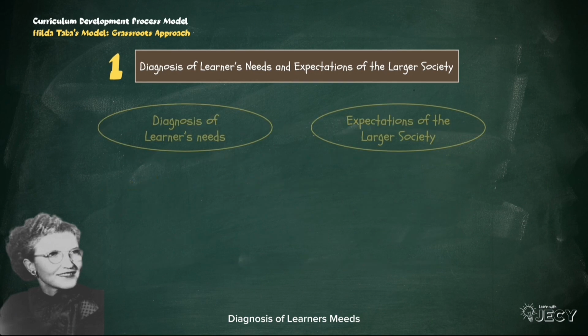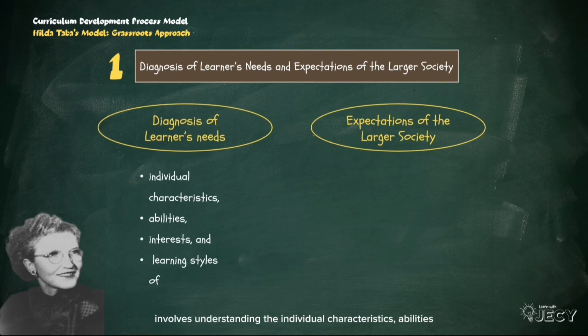Diagnosis of learners' needs. This aspect of the first step involves understanding the individual characteristics, abilities, interests, and learning style of the students. Teachers need to gather data on the learner's current knowledge, skills, attitudes, and experiences to tailor instruction accordingly.